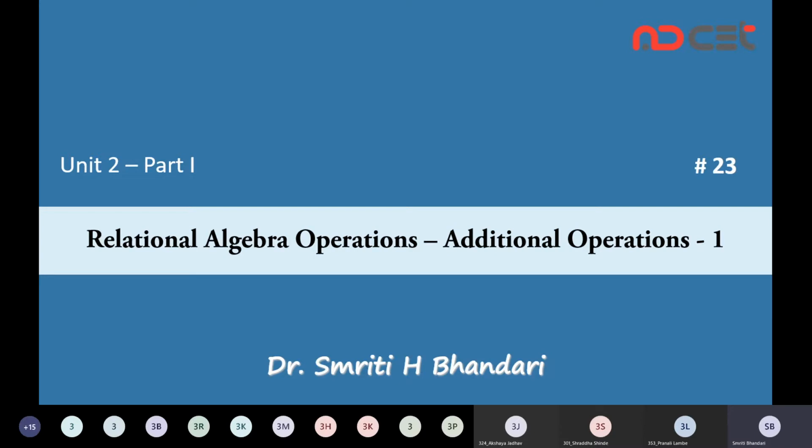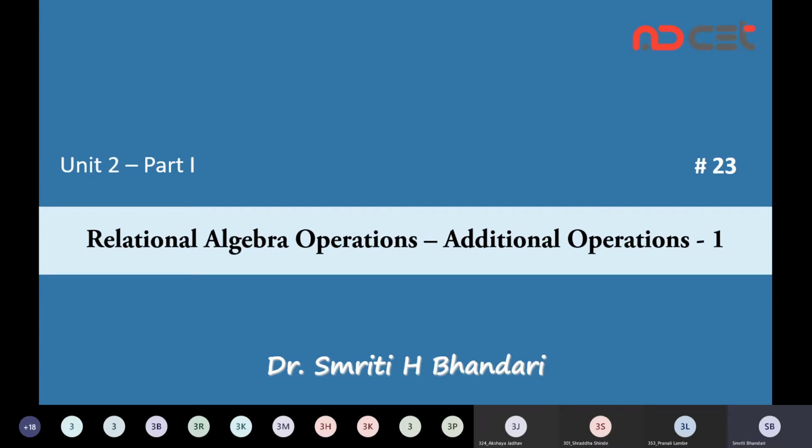So these 6 are the basic relational algebra operations. Apart from these, we have a few additional operations as well.